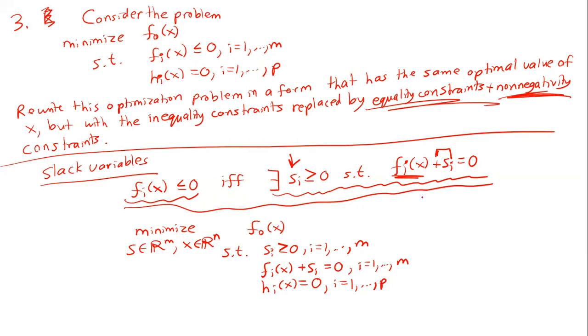At this point, we increase our number of decision variables. In our original problem, we only have n decision variables. But over here, because I add the slack variables, the s variables, now I have n plus m decision variables. Up here, I had m inequality constraints.